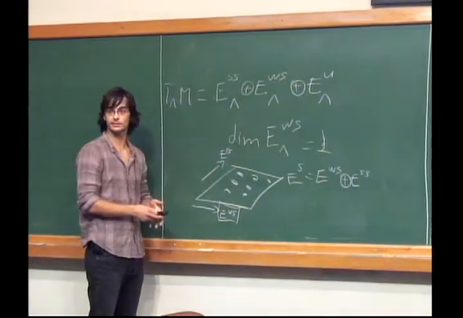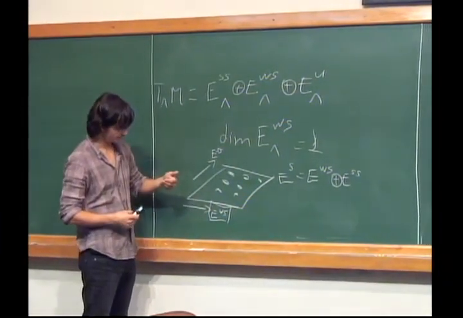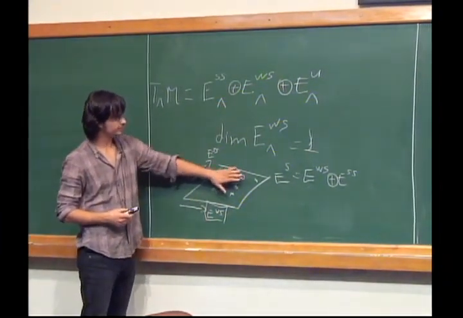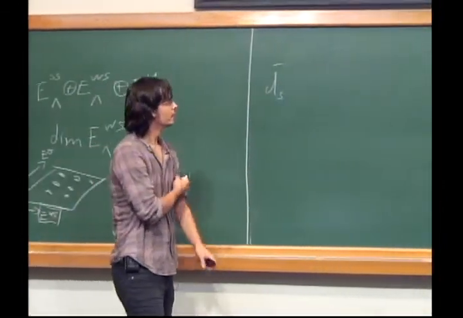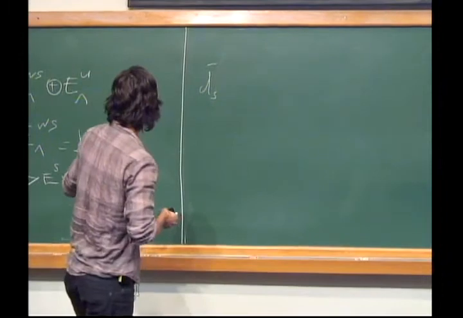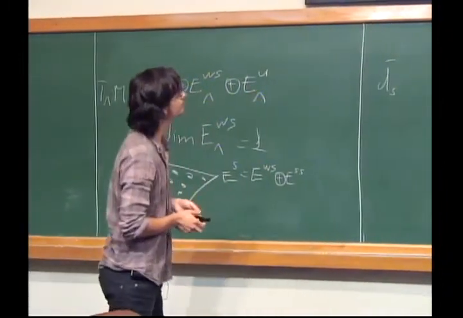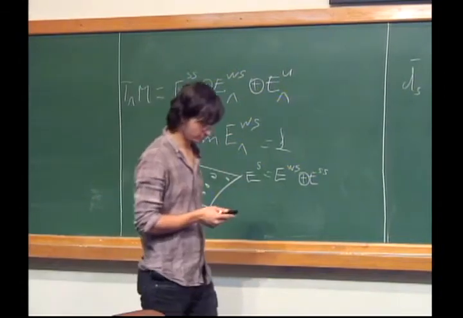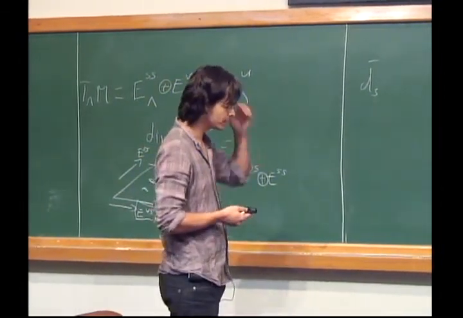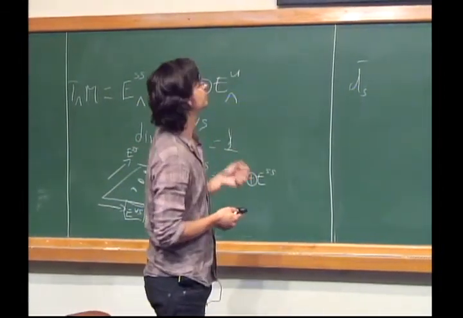A stable Cantor set is, I'm calling stable Cantor set, the intersection of the horseshoe with the stable leaf. It's not smaller, and in this case, when the weak stable dimension is 1, it varies continuously.